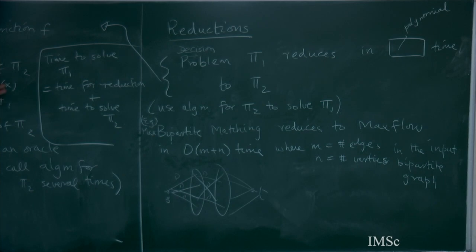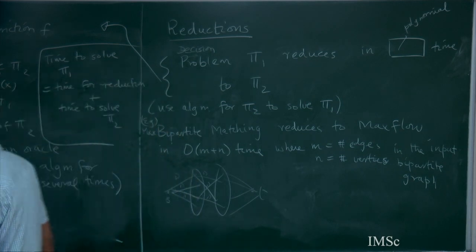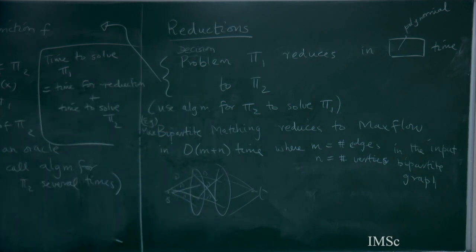So my overall time for pi 1 is this plus this. Now you can demand a certain tight running time for this depending on whatever complexity class you are working on. In the context of NP completeness, everything is just polynomial time. And most of the time we will be working with Karp reduction.